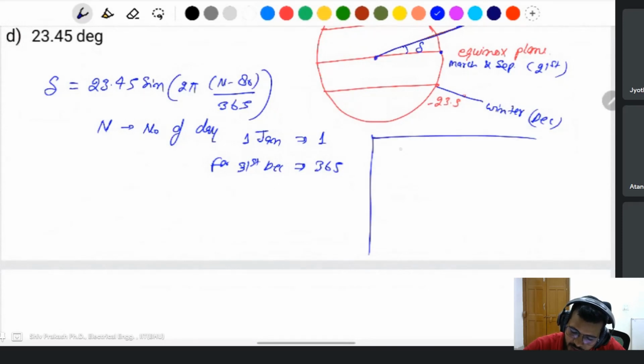August means we start calculating from January, which is 31 days.